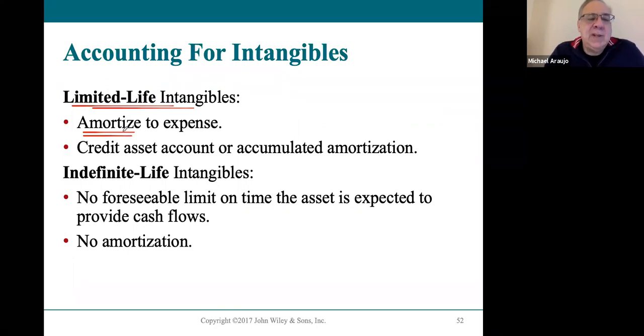If it has a very limited life, you can expense the cost of the intangible asset through amortization. Okay. However, there are some intangible assets that have an indefinite life. And so there's no limit that you can foresee on how this is going to be useful to your company. So there's no amortization.